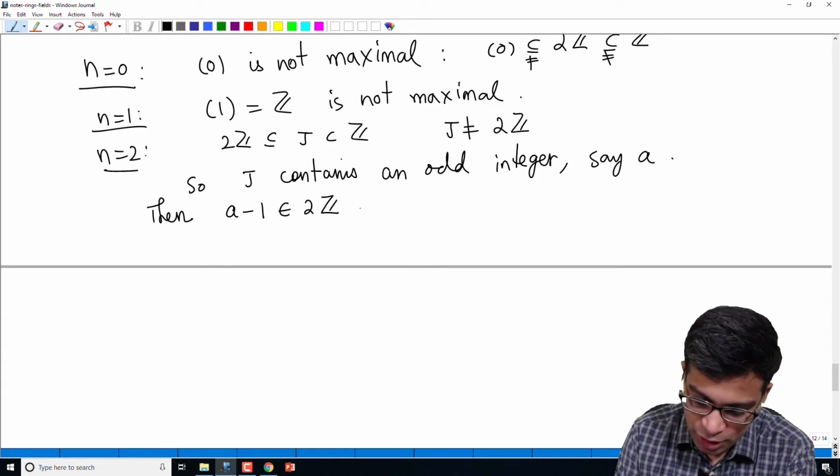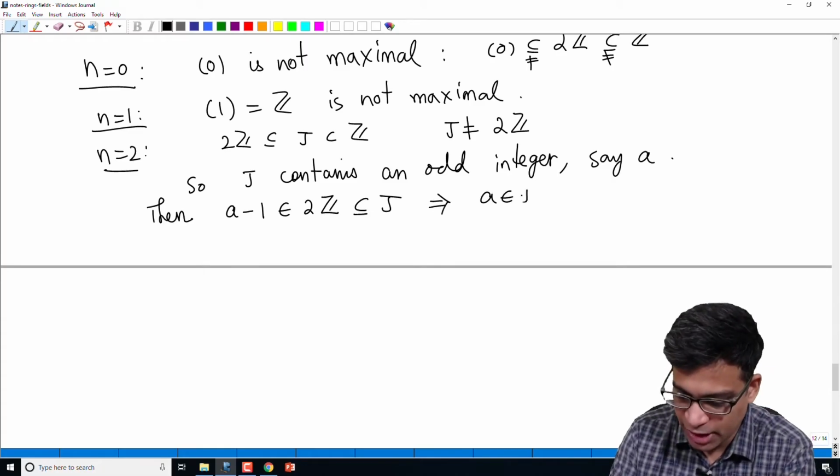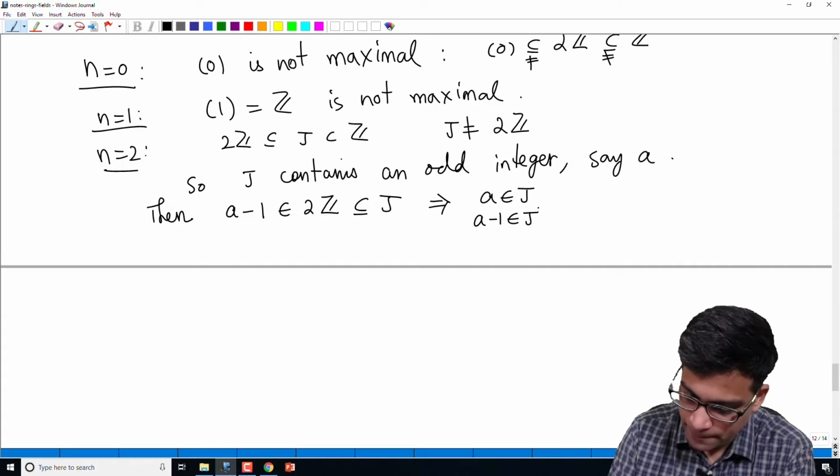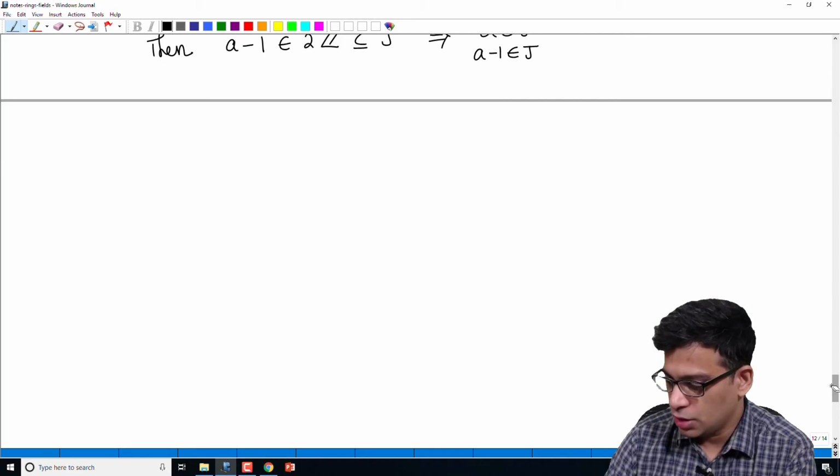But 2Z, remember, is contained in J. This implies a is in J and a minus 1 is in J. a is in J by hypothesis, and a minus 1 is in J because it is an even integer.